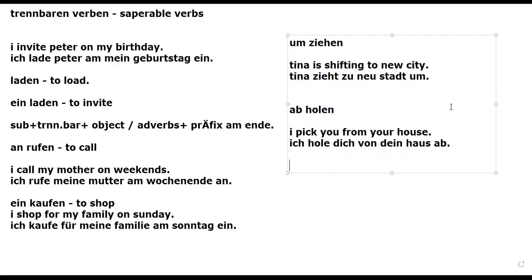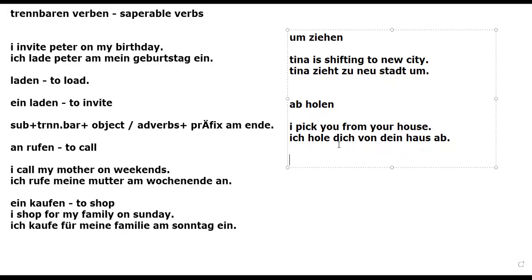Ma'am, why do you use dich here? Dich is your personal pronoun. Okay. We have to do this topic too. Why do we use dich and not du? Because du, ich, er, sie, es, wir, ihr, sie are subjects we are using when they are doing something.